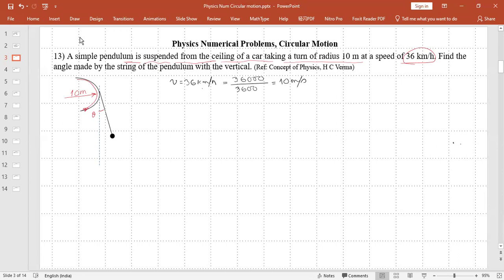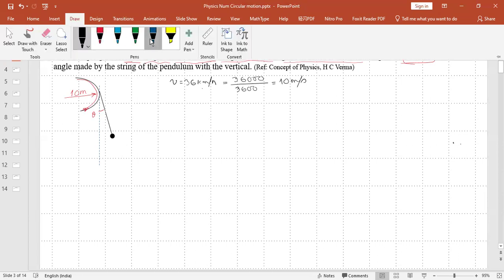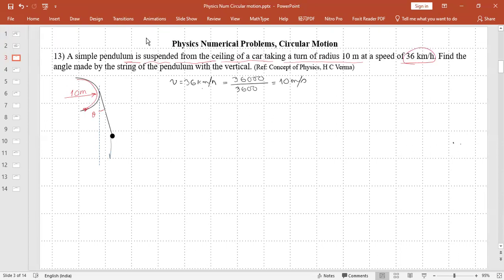Next, we draw the force diagrams. This pendulum has a gravitational force mg downward, and this is the tension of the string.